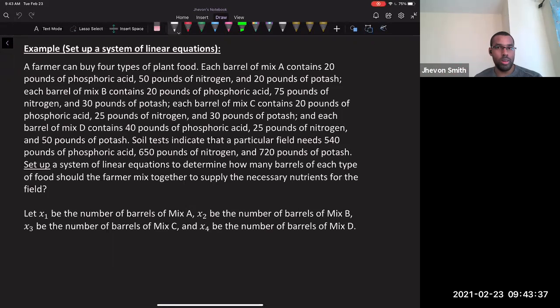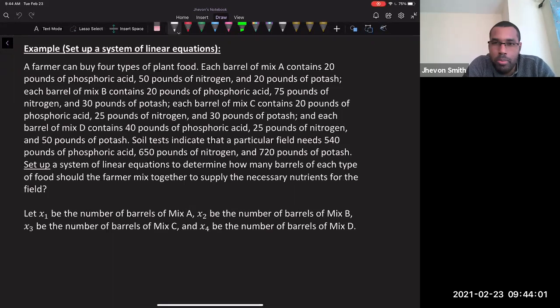So X1 is the number of barrels of mix A, X2 mix B, X3 mix C, X4 mix D. This guy wants to know, if I have all these plant food mixes and these are their constitutions, how do I mix and match them to get what I need for my field? Any random farmer can go into the store and see all these 4.